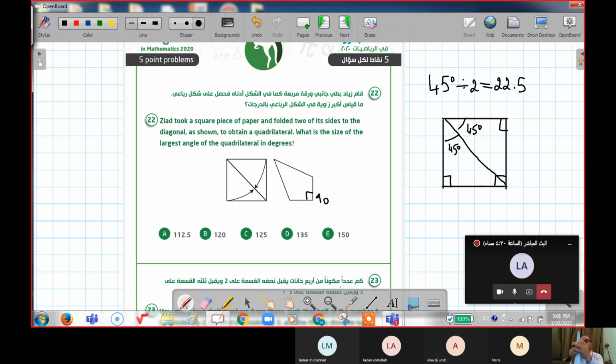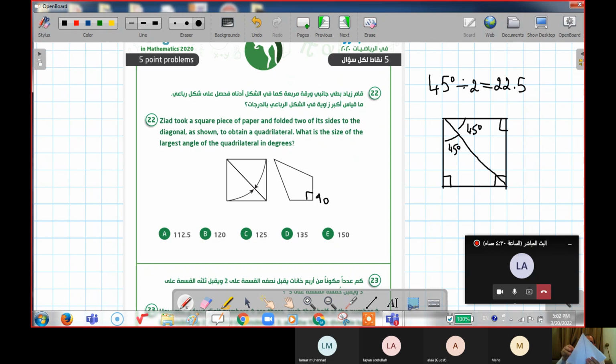How many parts do I have here? If you look at this figure, you have two parts. This is the first part, and this is the second. Layan, pay attention here. This is the diagonal. I have here 90 degrees. The diagonal cuts the angle in two equal parts. The first one equals 45 degrees, and the second one equals 45 degrees.